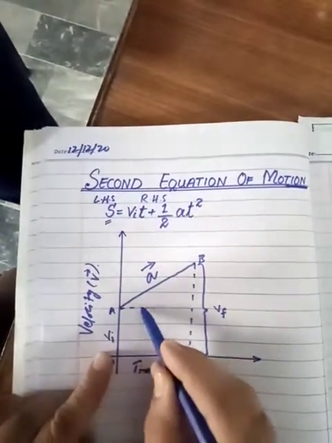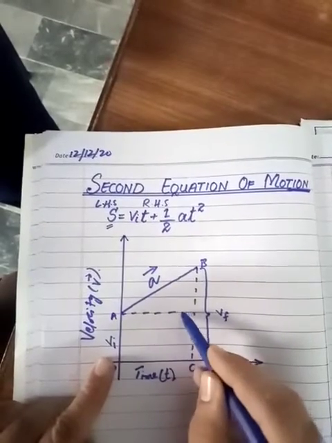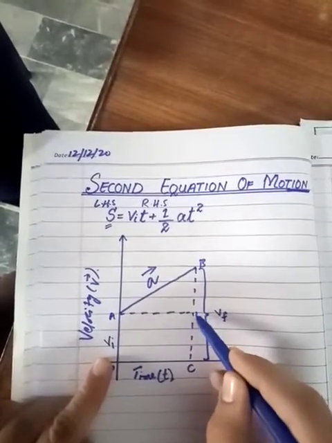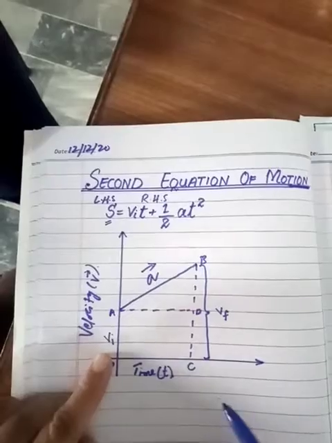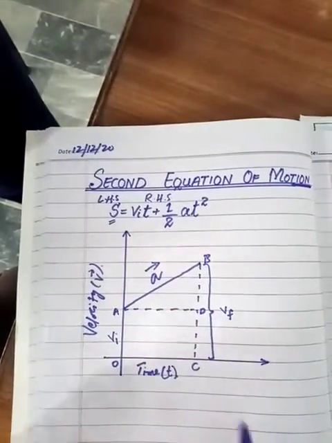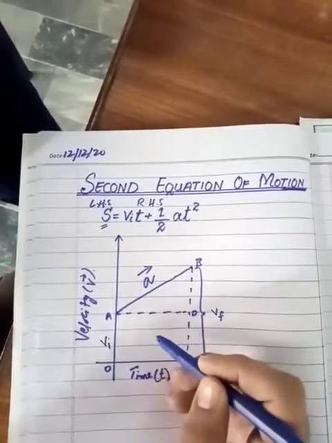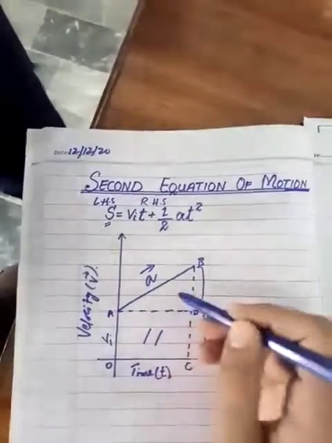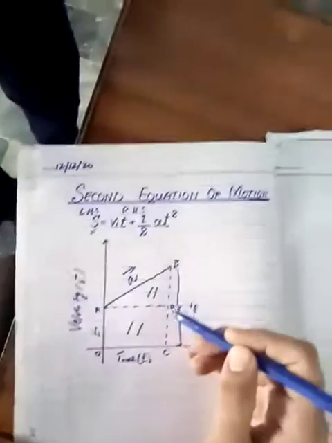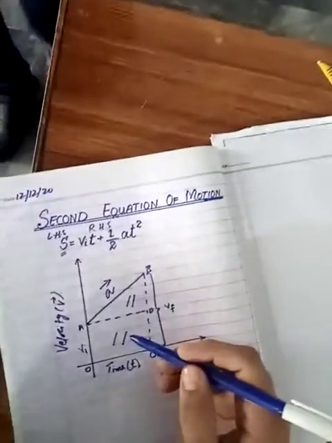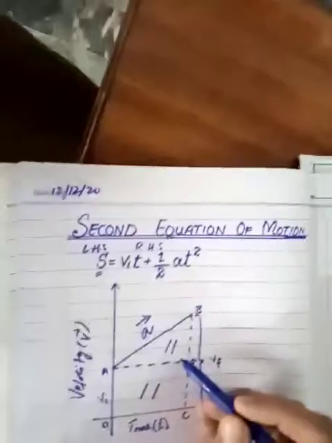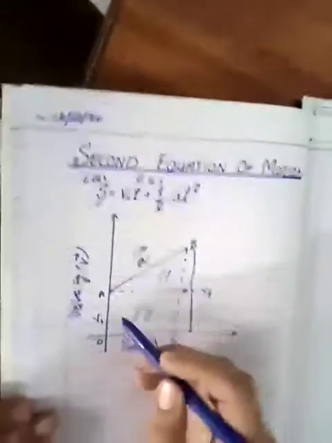Similarly, here we will draw another line, and the point is point D. So here you can see easily that there are two diagrams, one is a rectangle and the other is a triangle.